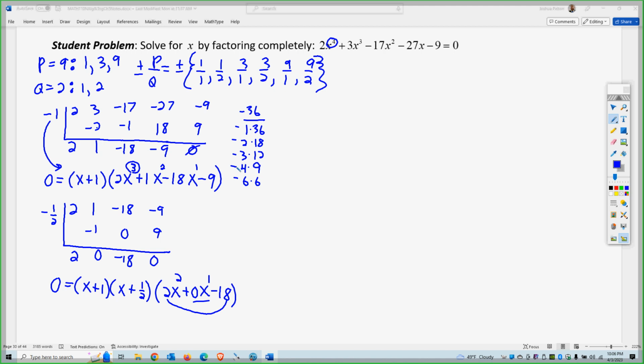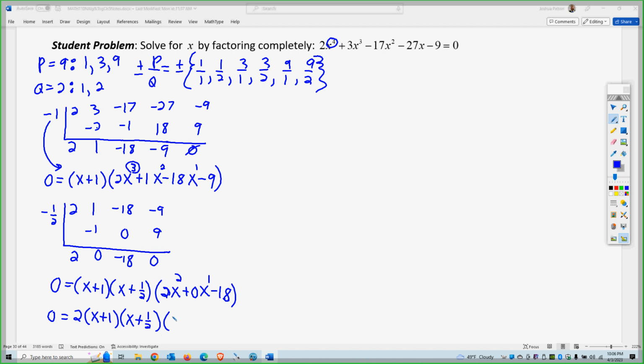Oh, we got to factor out a 2 first, don't we? Sorry, I forgot that. We got to factor out the 2 first. I just noticed the common 2. Okay, so if I factor out the 2, I'm left with x plus 1, x plus 1/2.